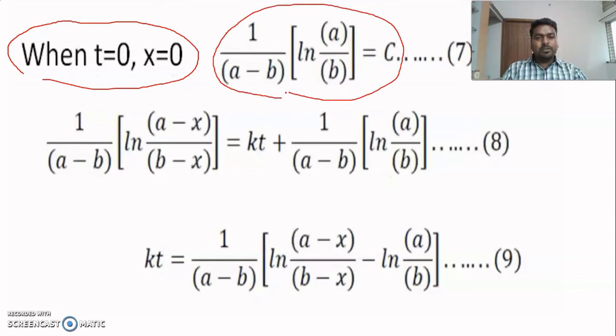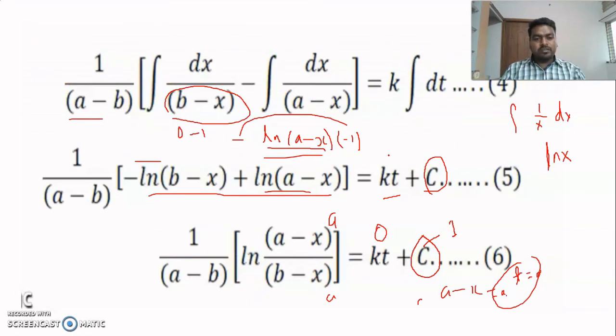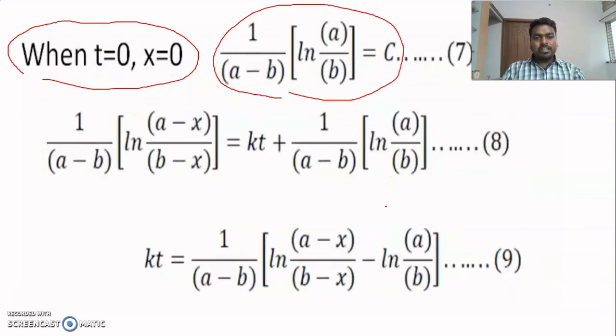Then substitute the value in equation 6, and you are going to get equation 8, that is 1 divided by a minus b into ln of a minus x divided by b minus x is equal to kt plus the c value, that is 1 divided by a minus b into ln of a divided by b.